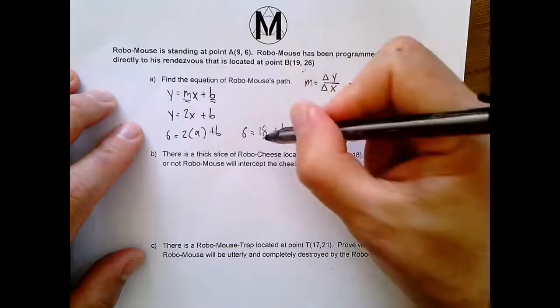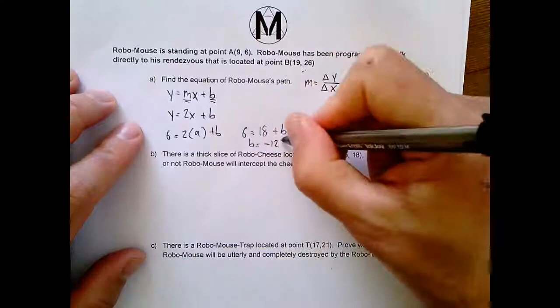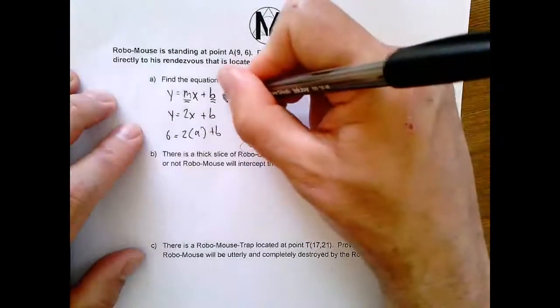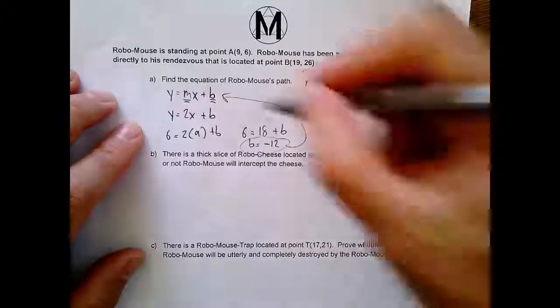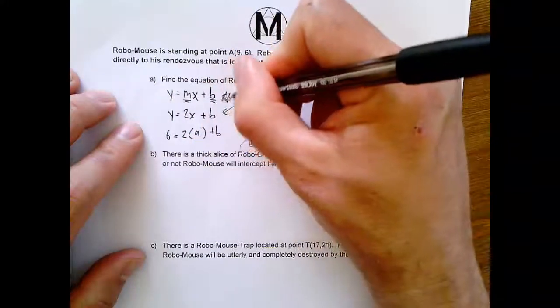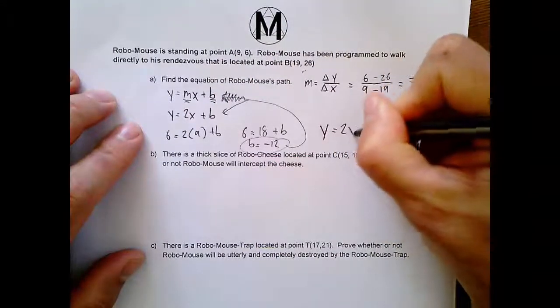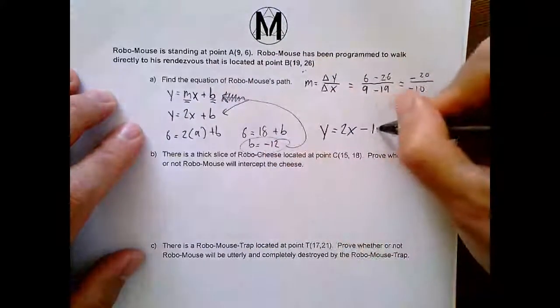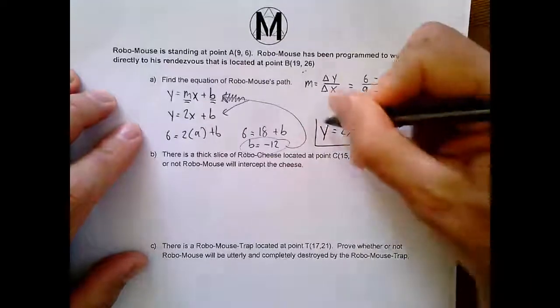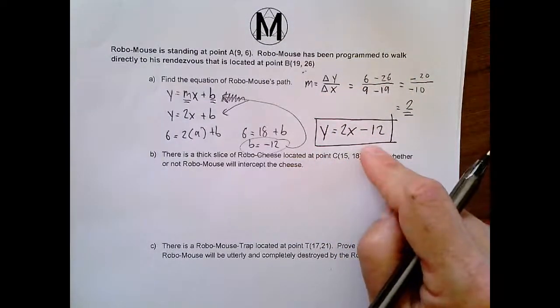If I subtract 18 from both sides, I find that b is negative 12. Now I take that b value and stick it there, and I have my answer. So y is 2x minus 12. That equation charts the path of robo-mouse because he's walking in a straight line.